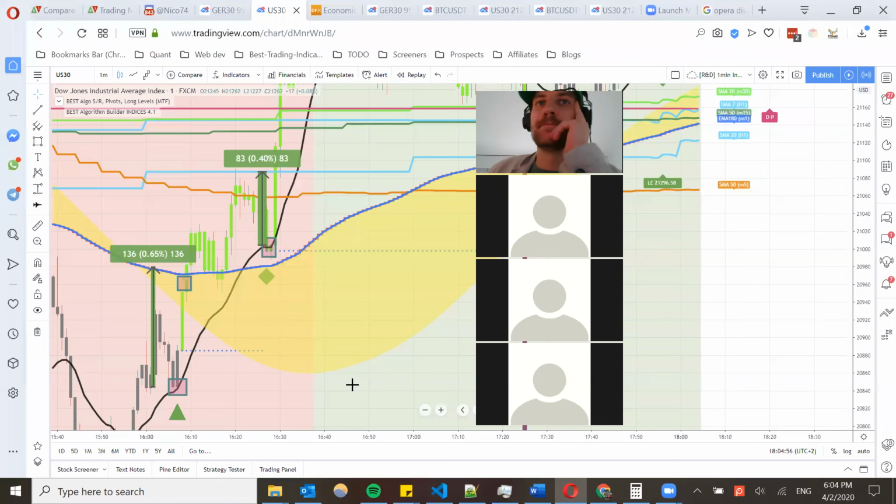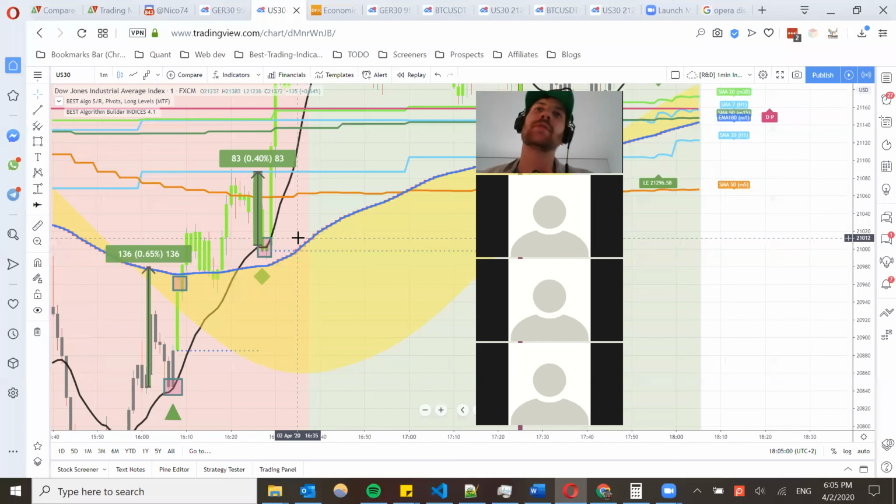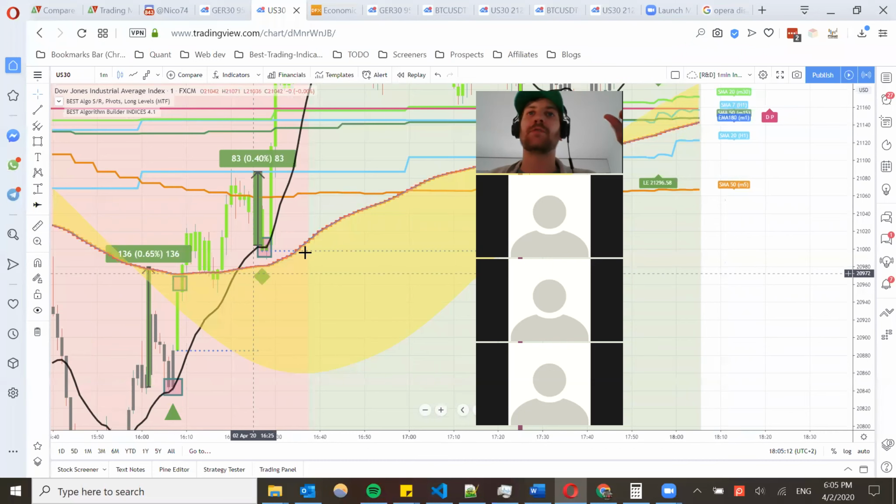Okay, so my answer is to use all the support and resistance for profit taking. But should you use the cloud itself, like the cloud bands, basically this one and the one below, for your stop loss and take profit?